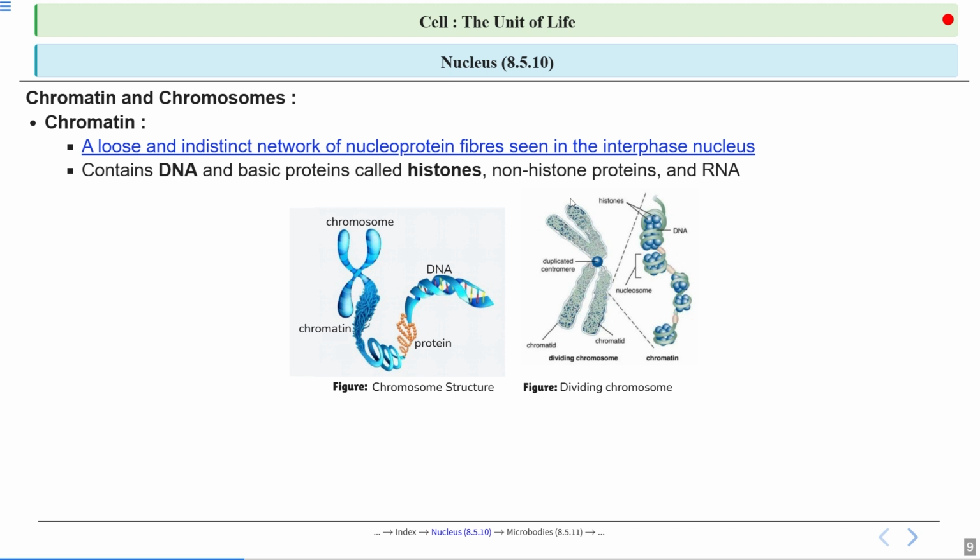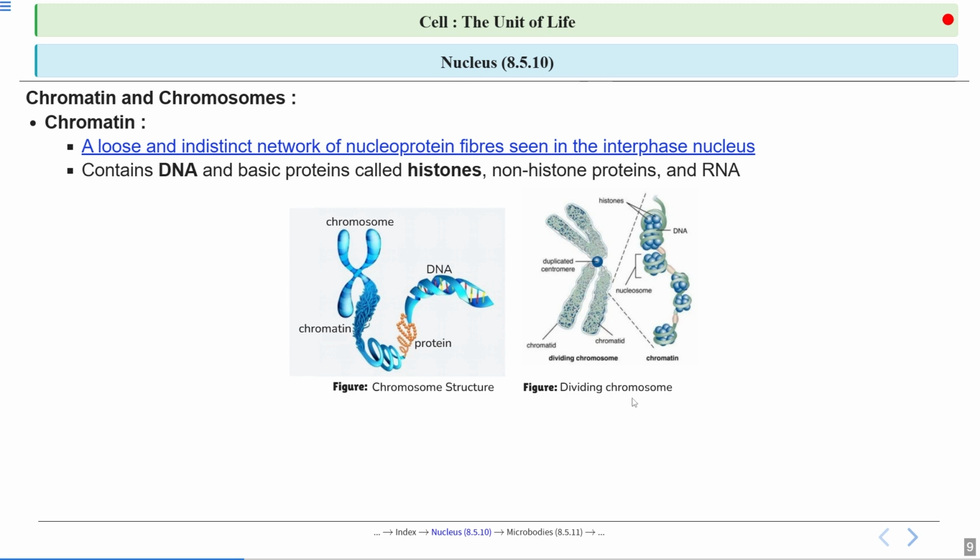Here you can see an image showing you the chromosome structure, and chromatin is also shown to you. This is the chromosome. Chromosomes are made up of chromatin. Chromatin is also associated with some proteins.